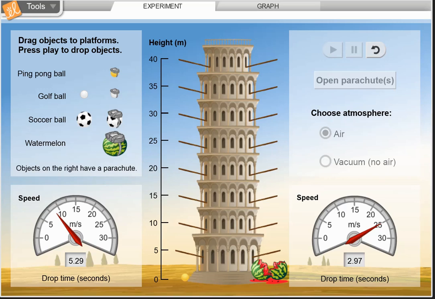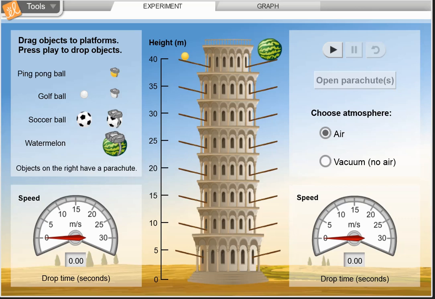So let's assume air resistance is present, and let's use a ping pong ball and a watermelon to simulate the motion of the two objects when you just drop them from a height of 40 meters above the ground.